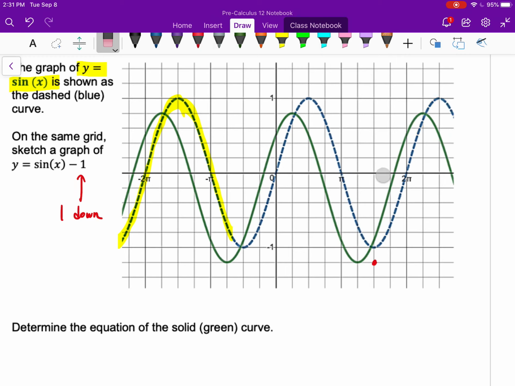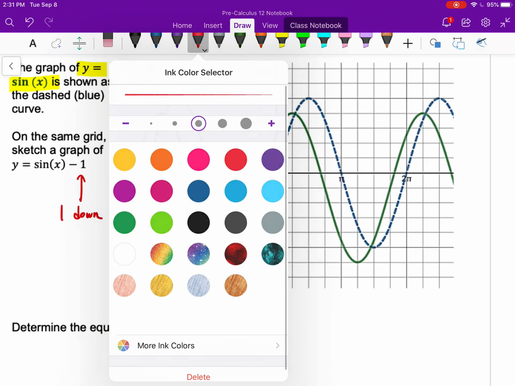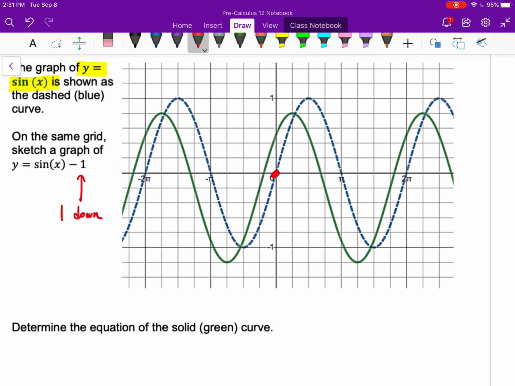Once I realize that, I want to take any point. I'll start with this point right here, at 0, 0. If I move that 1 down, it's now right here. Once I realize that, it's pretty easy to draw the rest of it. This point right here on the sine of x, I want to move it 1 whole unit down, which is right there. Again, 1 unit in this case is 5 grid lines. Anytime you have a graph, you always have to pay attention to the scale of the graph.